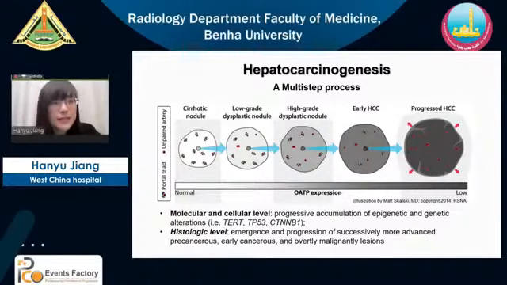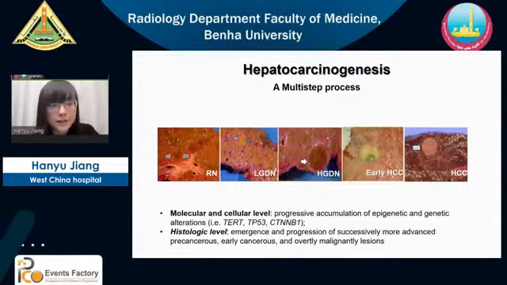As shown, multi-step hepatocarcinogenesis is characterized by successive selection and expansion of less differentiated subnodules within more well-differentiated perinodules. The subnodules grow and eventually replace the perinodules. This process can be broadly divided into the cirrhotic nodule or the regenerative nodule here, low-grade dysplastic nodule, also known as LGDN, high-grade dysplastic nodule, HGDN, early HCC, and progressed HCC.